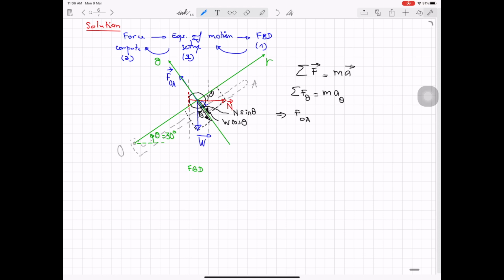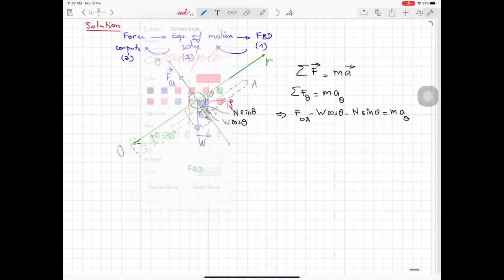So the sum of the forces in the transverse direction will be F_OA minus the two components of the weight and normal reaction force on the transverse axis, so minus W cosine theta minus N sine theta equals mass times the transverse acceleration.